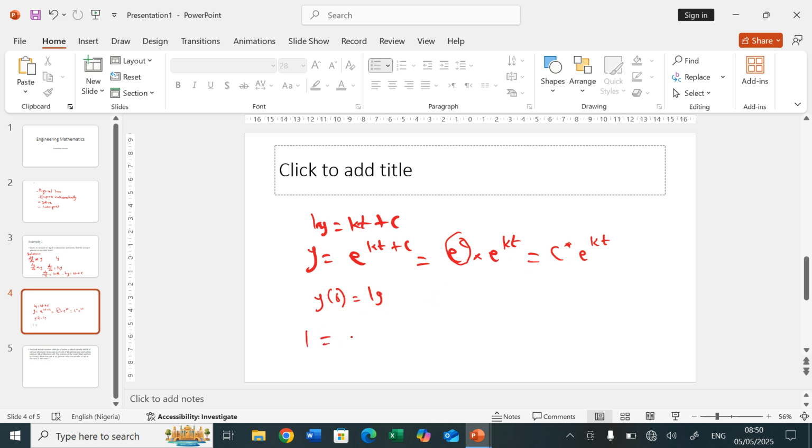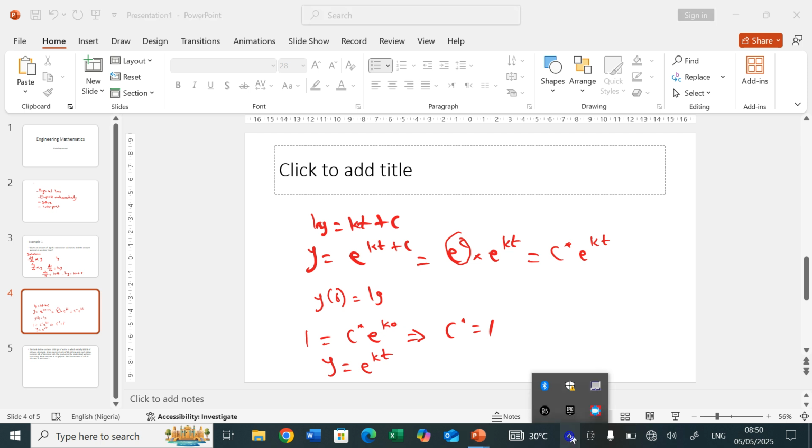We have 1 is equal to c star exponential k times 0. That implies our c star is equal to 1. Therefore, we can now express the solution as y equals exponential kt. So that is the solution for this simple case.